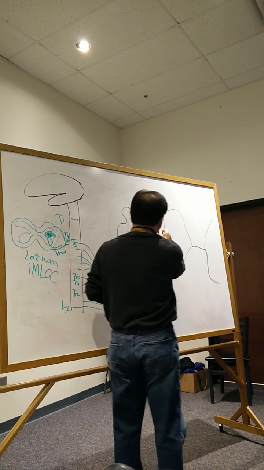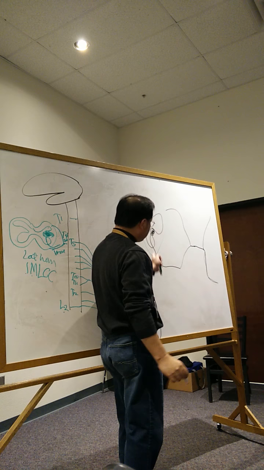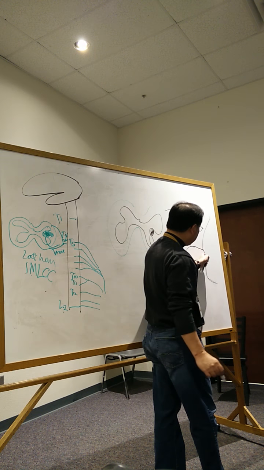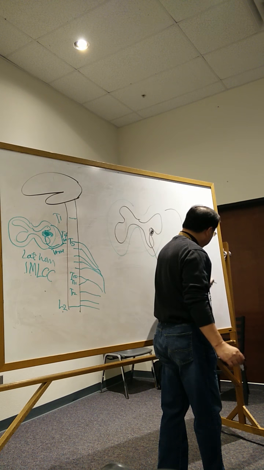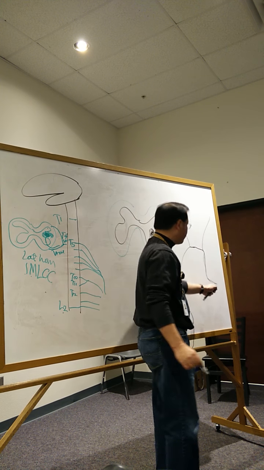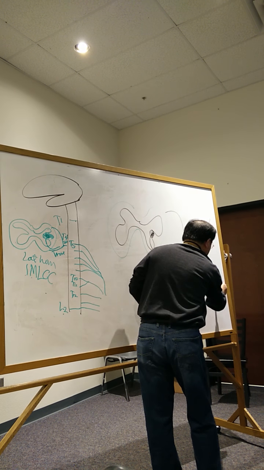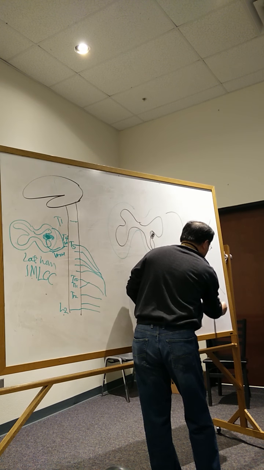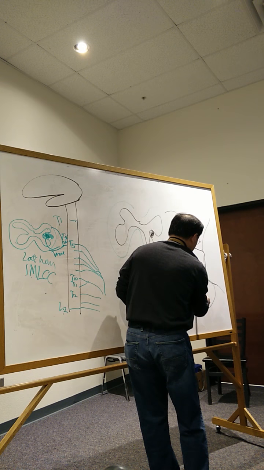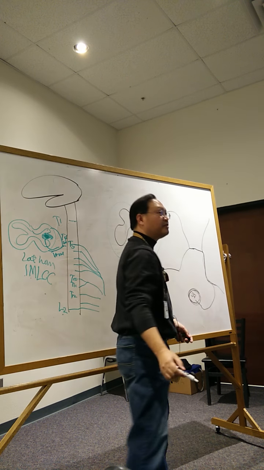So if you have a cell body, a neuron around T5, it's going to travel with your ventral root, enter your spinal nerve, enter your ventral rami or anterior ramus, and then the nerve itself comes out and joins your sympathetic ganglion. Okay? Does it synapse in there?